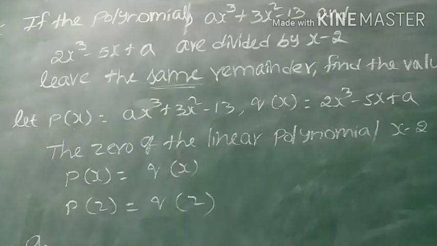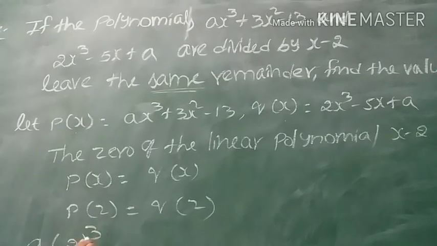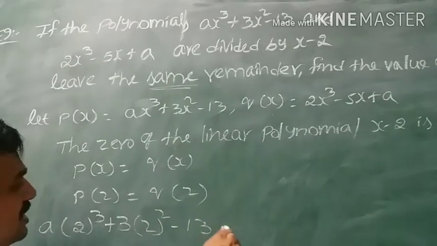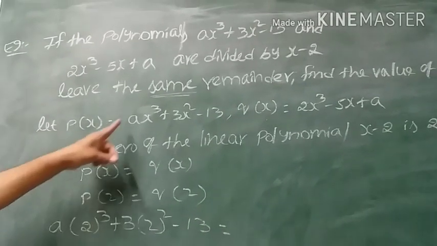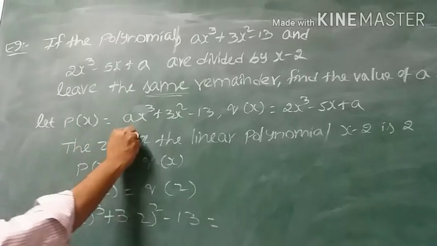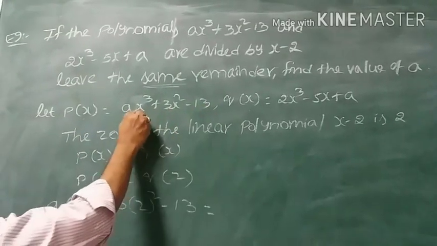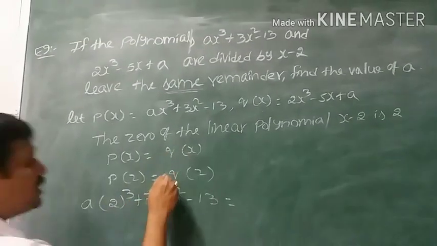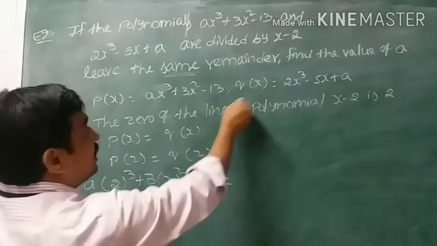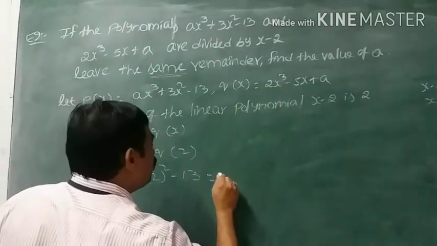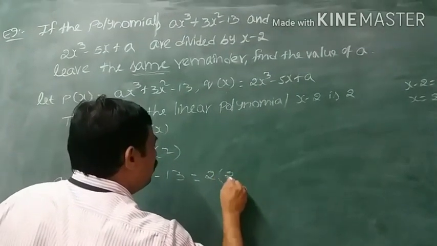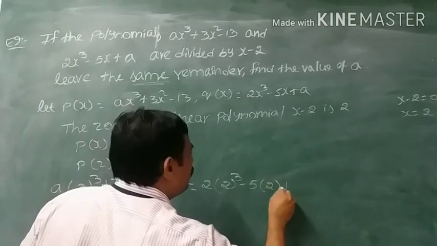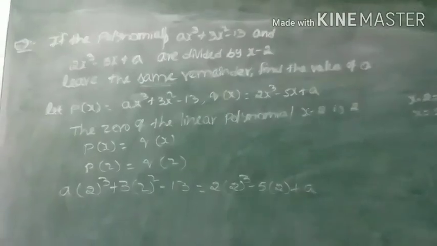Now a into 2 cube plus 3 into 2 square minus 13. First, see ax cube plus 3x square minus 13: in place of x we substitute 2. Similarly in q of x, which is 2x cube minus 5x plus a, we get 2 into 2 cube minus 5 into 2 plus a.